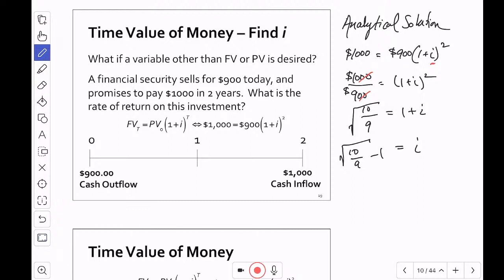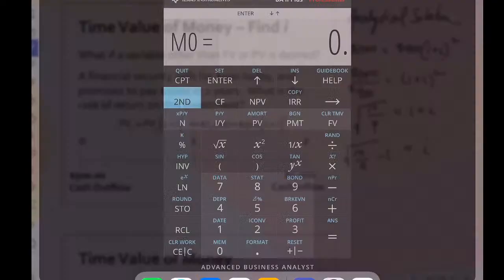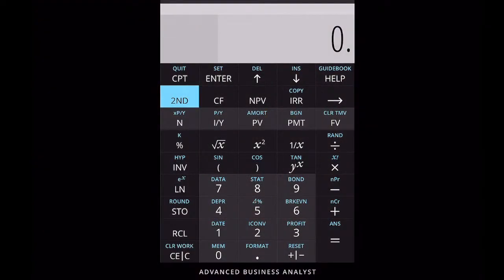So I'm going to enter this into my calculator now. 10 divided by 9, square root minus 1. I'm clearing my screen. 10 divided by 9. I have to say equal. Then take square root minus 1.